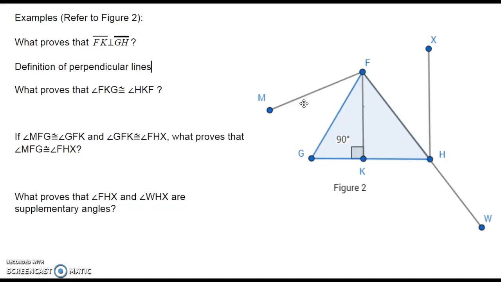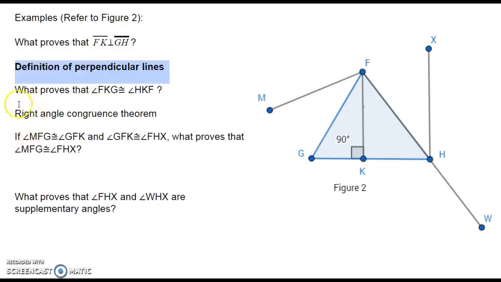Okay, what proves that FKG, so this angle right here, is congruent to HKF? So this angle is congruent to this angle. Well, that's our right angle congruence theorem. I'm going to put those in bold for you.